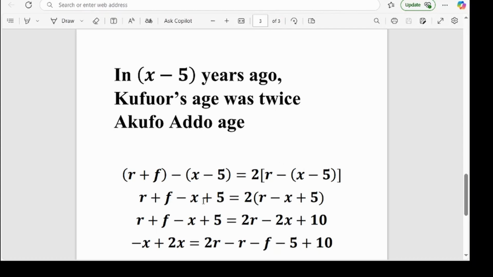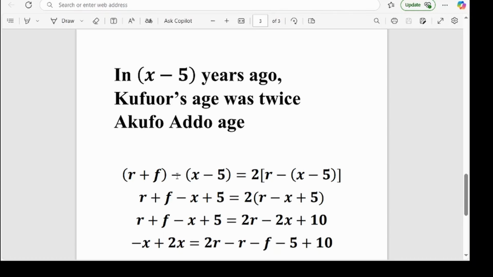S plus 5. So there's an invisible 1 standing here just by the minus sign. So removing the bracket, you multiply each term by negative 1.